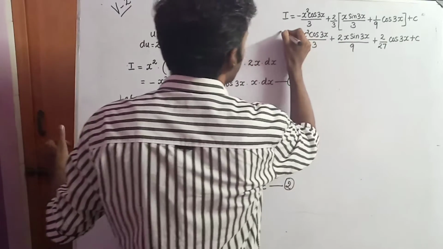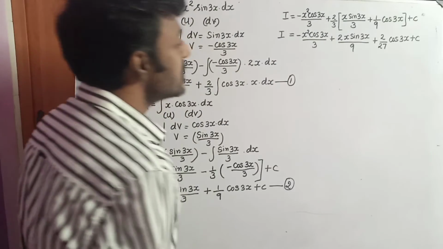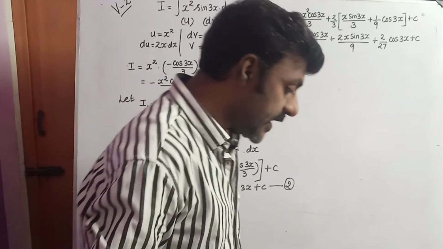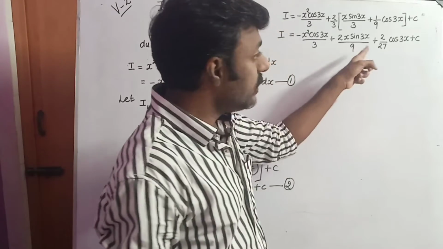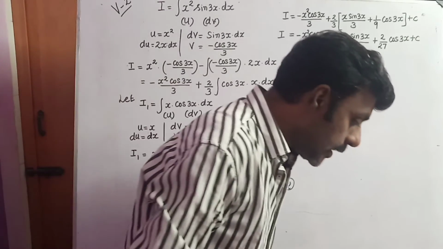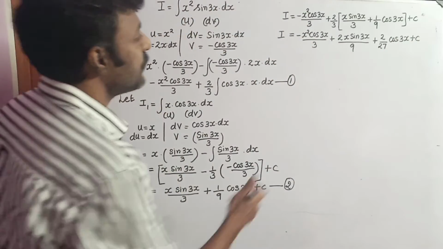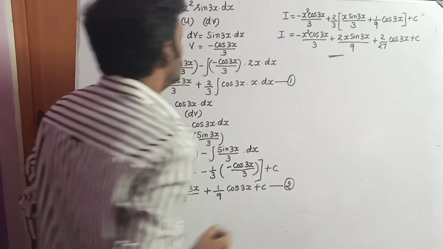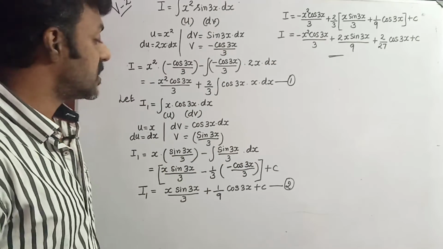So this is the final result. I equals minus x squared into cos 3x divided by 3 plus 2x by 9 into sine 3x plus 2 by 27 into cos 3x plus c. This is the final result for this sum, which is based on integration by parts.